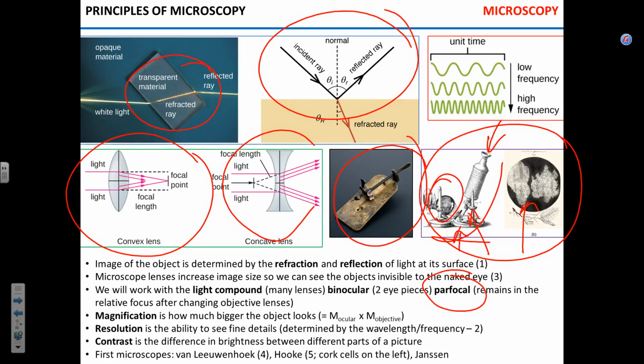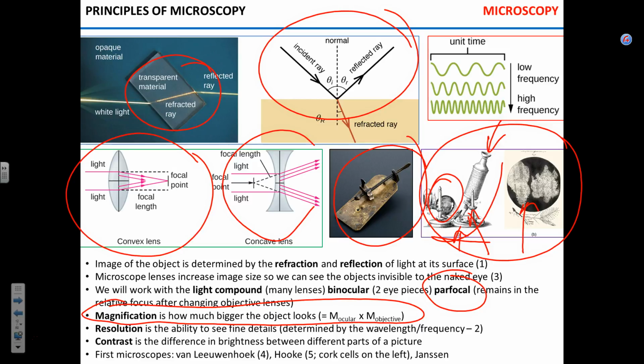Now, magnification is usually what we look at when we talk about microscopes. So how much bigger the object looks. Right? Magnification depends on 2 things. Magnification of your eyepiece and magnification of your objective piece. You multiply one by another. I'm going to tell you your eyepiece in all those microscopes.